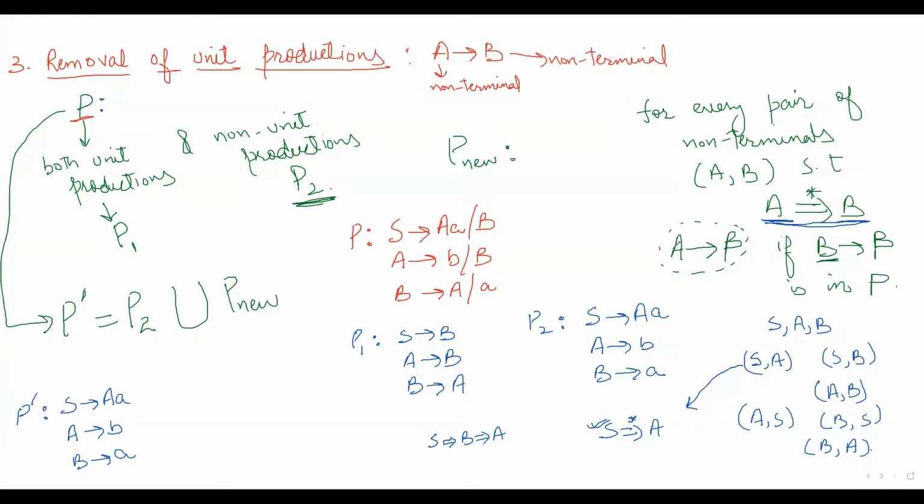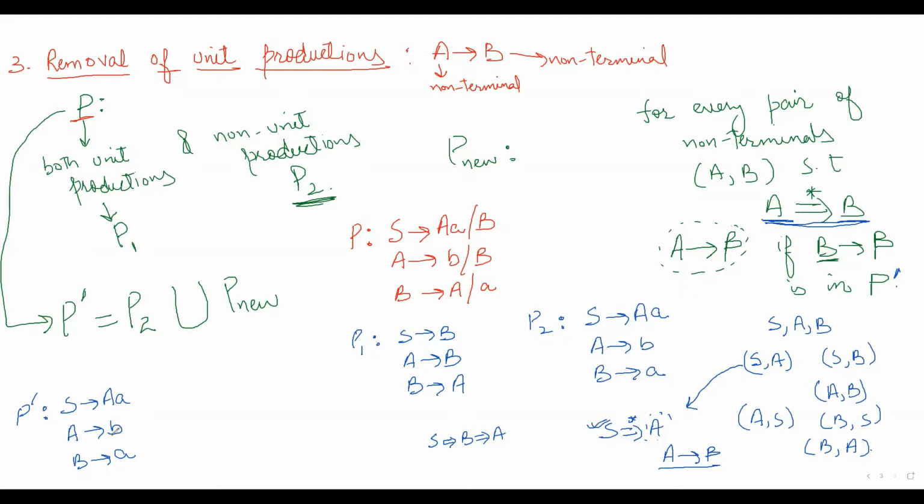Then if there is B gives beta, what is B here? A. So if there is A gives beta in P, or you can say in P dash, is there any production of this type in P dash?